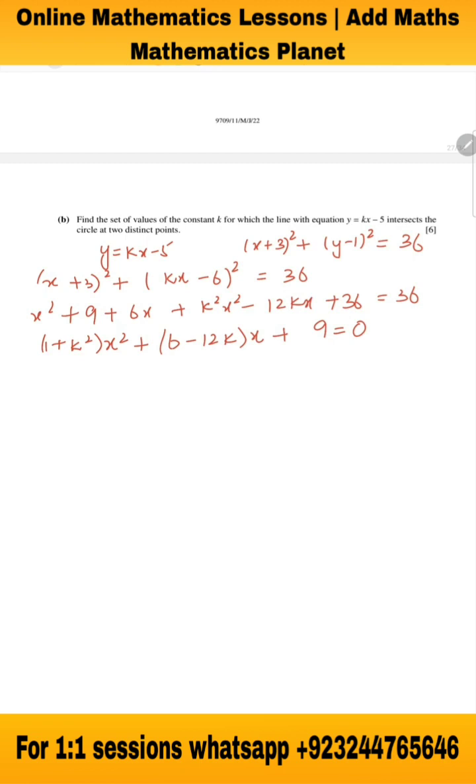So when a line intersects the circle at two distinct points, what happens? I'm going to write the note over here.